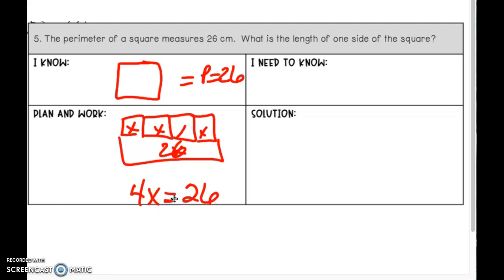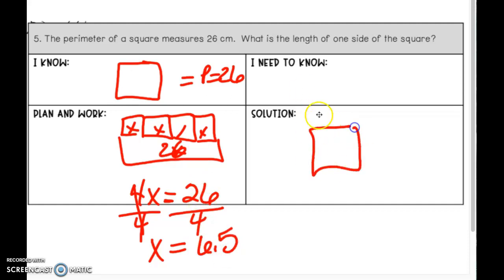Now we have an equation we're going to solve. x is being multiplied by 4. The opposite would be to divide by 4. x is equal to, get my handy dandy calculator, 6.5. So each side of the square is 6.5.